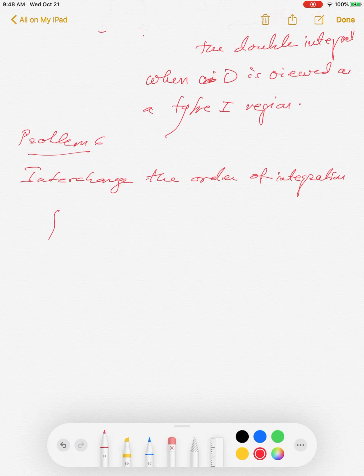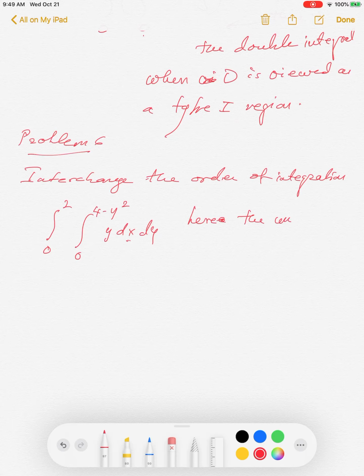So let's write this as the integral from 0 to 2, integral from 0 to 4 minus y square, of y dx dy. So the moment you see that you are integrating with respect to x first, that means the underlying region is going to be viewed as type 2.